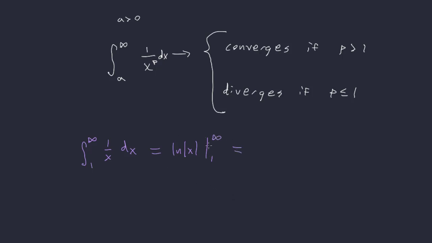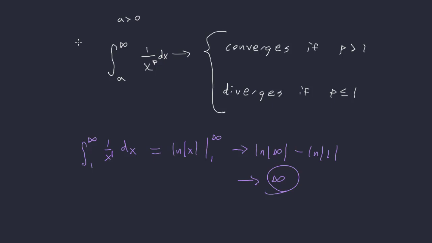And when we plug in infinity, and I'm going against my own rule there, I need to put an arrow. When we put in the infinity, well, that goes to infinity.